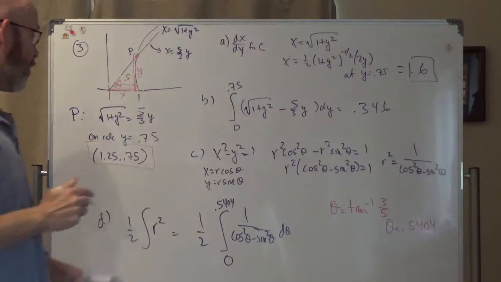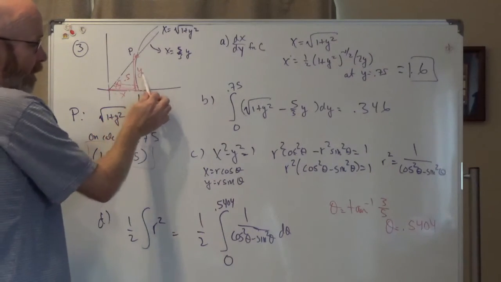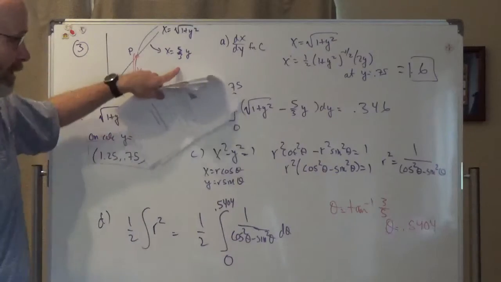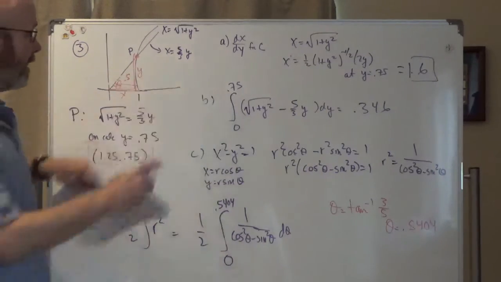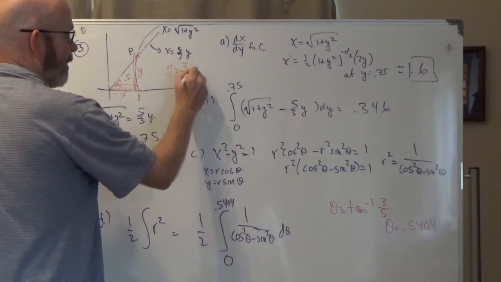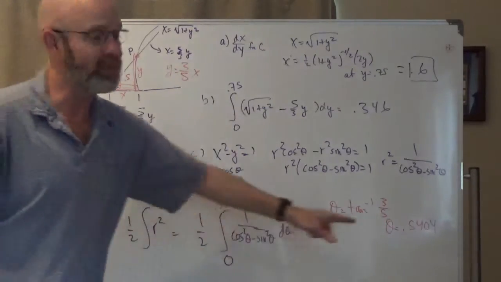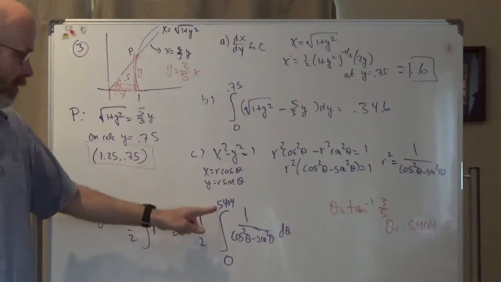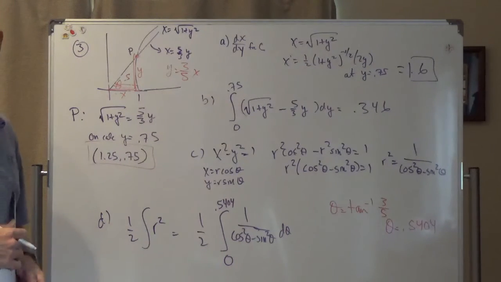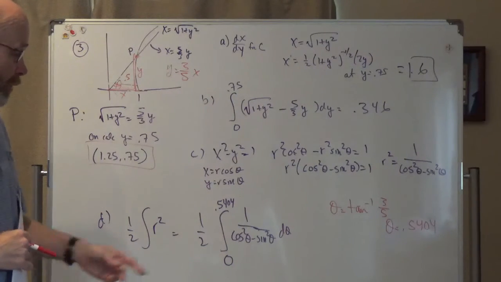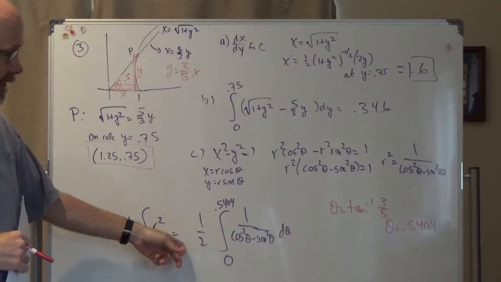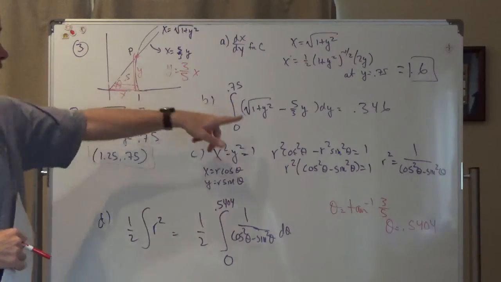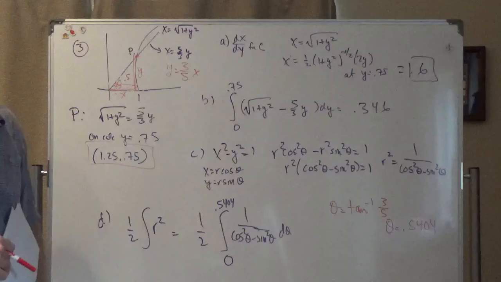So tangent inverse, we go to our tangent inverse of y over x. It's actually 3/5, right? Because this is x and y, so this is the same thing as y equals 3/5 x. So it's a tangent inverse of 3/5 to find that angle, which is 0.544, and then just plug it in there. And it actually asked me to find the area, but one cool thing you could do, you could check it, right? You could check this area to make sure it's the same as you got here. So that's it for that one.